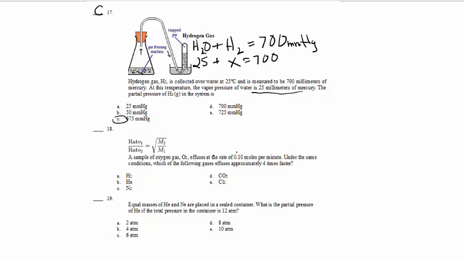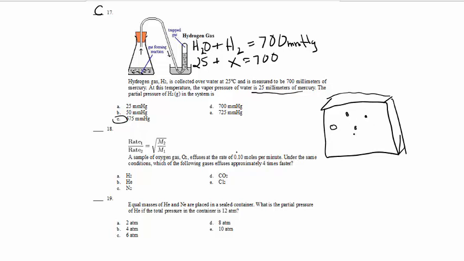So here we have this case of effusion of gases. Effusion, if you can imagine a box, and of this box you've got a little hole in the box like this, and so then you have two types of gases in here. One is going to be oxygen, according to this problem.